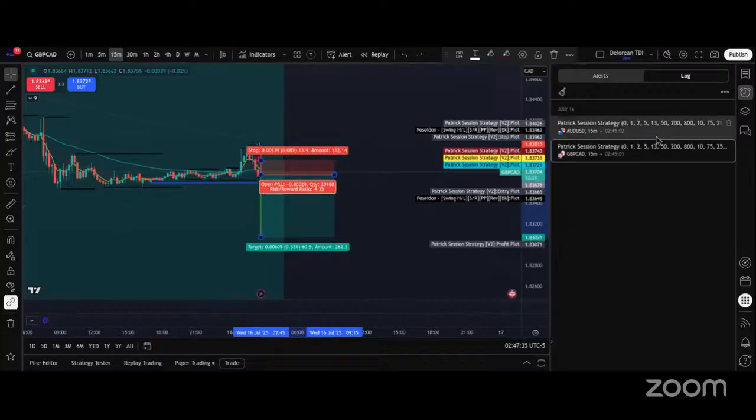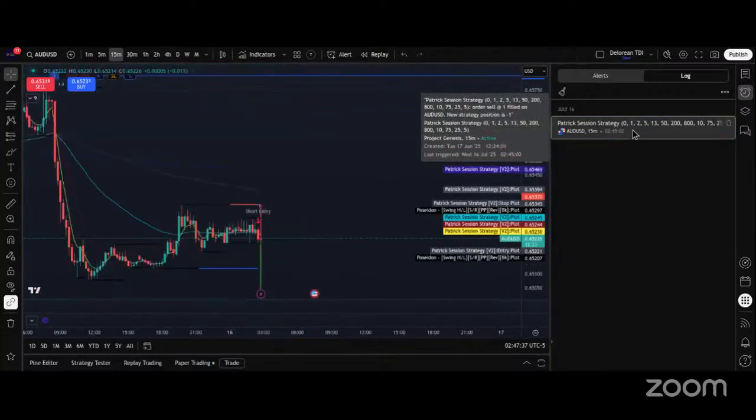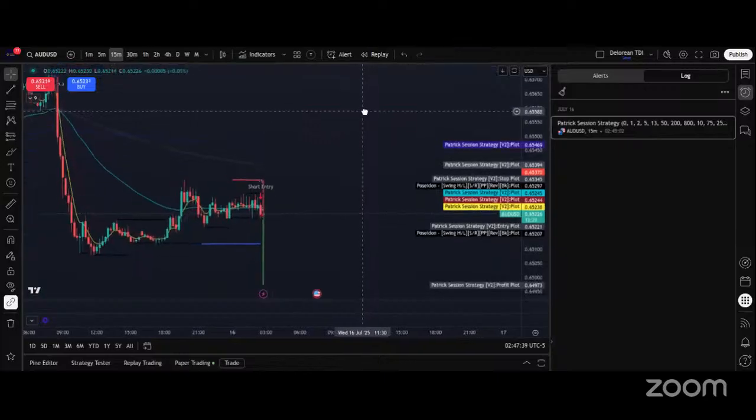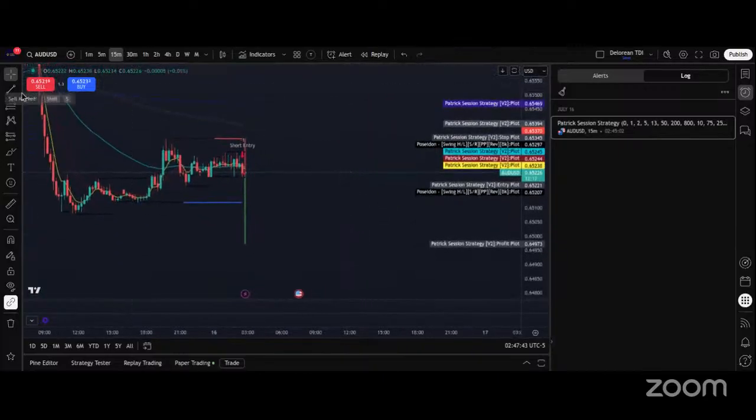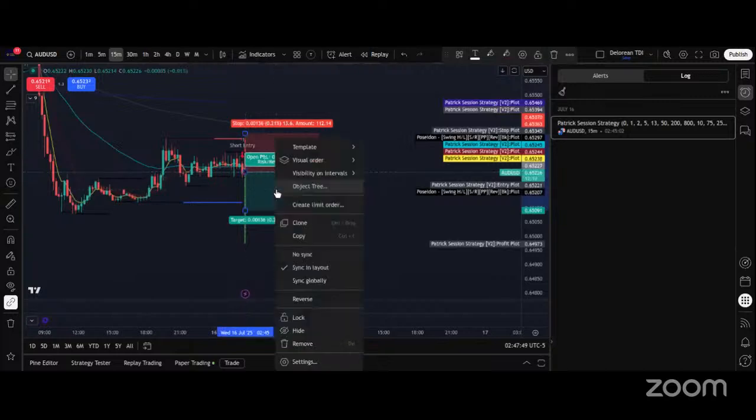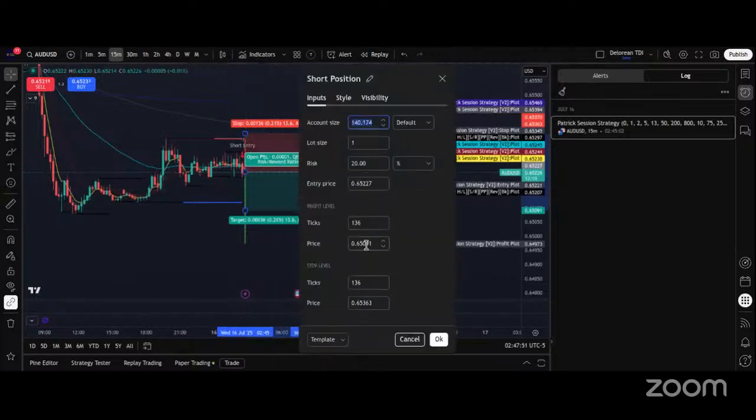Go to our next signal, which is the Australian dollar versus the US dollar. This is going to be a sell, a short position to 0.64973.